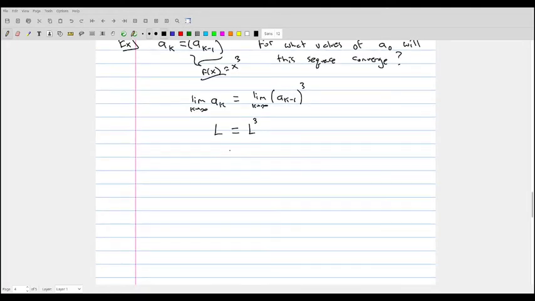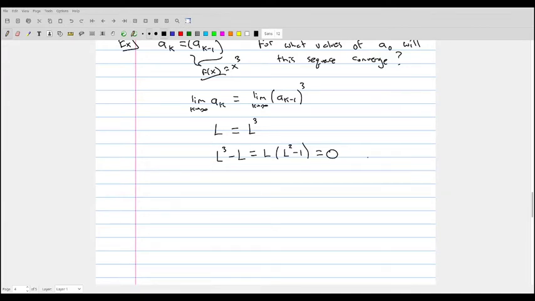which gives us the equation L cubed minus L, or L times (L squared minus 1), is equal to 0. And this equation gives us all of the possible limits of this sequence, because the solutions of this equation are three numbers.